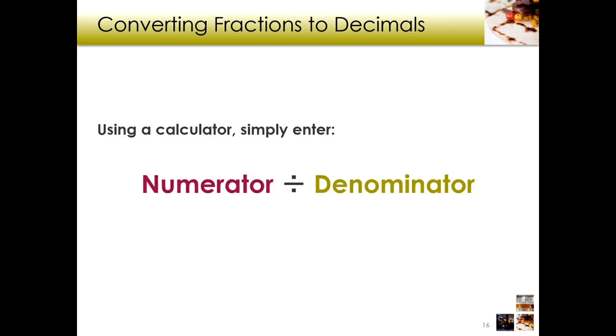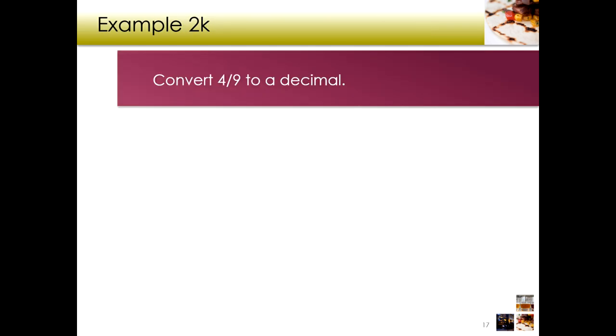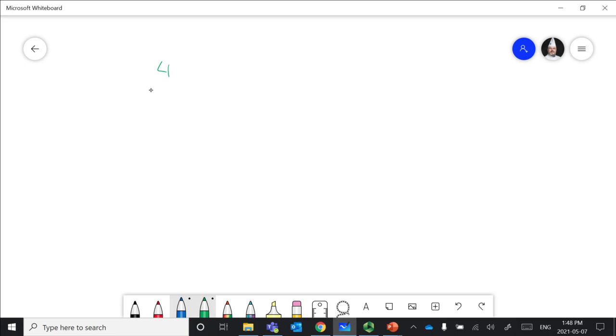And of course, we could always do it in the calculator, right? So if we were to take an example here coming up, we've got 4/9 to a decimal. We want to go to a decimal. We can punch it into a calculator, and we're going to get 0.444444, and it goes on forever and ever, right?